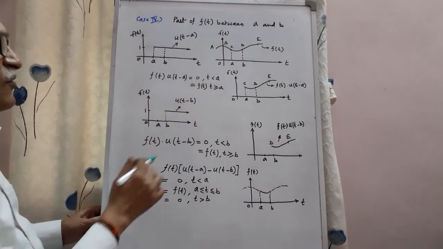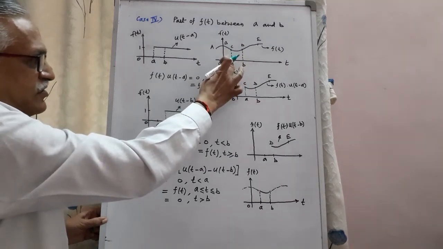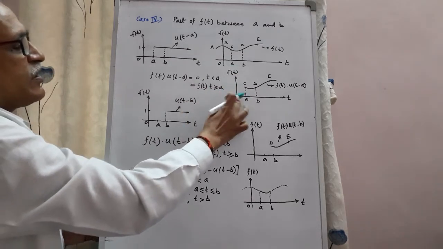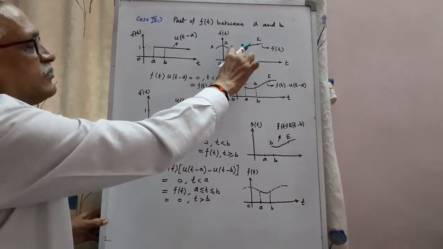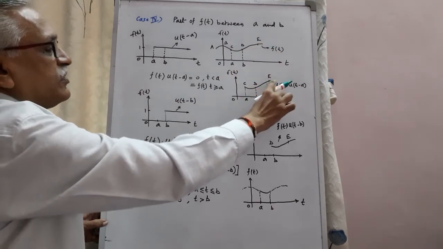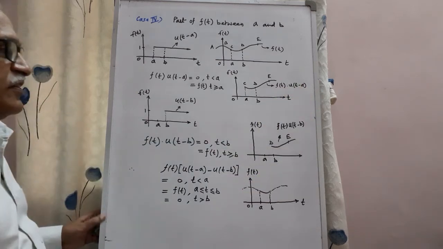Means what? In terms of the figure, the portion of this graph towards the left of a vanishes or becomes 0. Therefore, the graph from point C to E represents the product of f of t into u of t minus a.